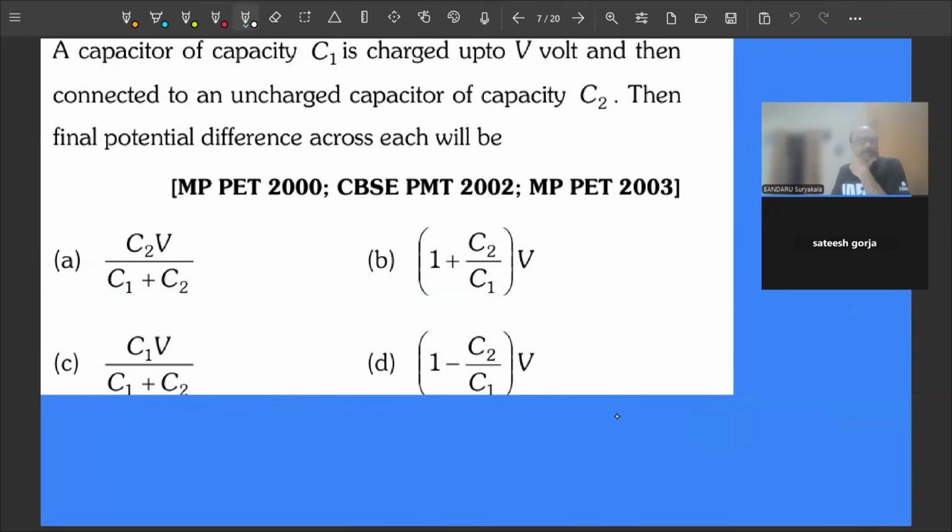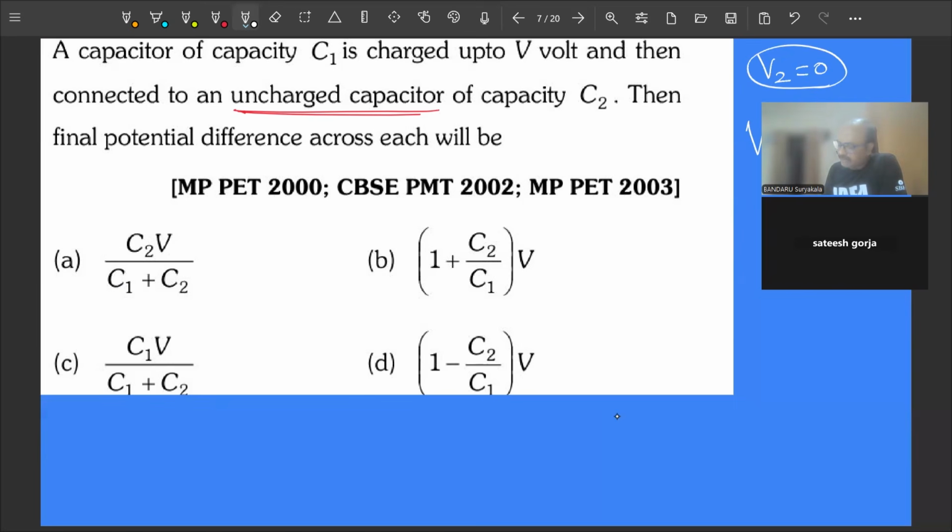Next, a capacitor of capacitance C1 charged to potential V and then connected to the uncharged. So here, this is the important point. Uncharged means we should take V2 equals to 0. Then the final potential difference across this means common potential formula we have C1 V1 plus C2 V2 by C1 plus C2.